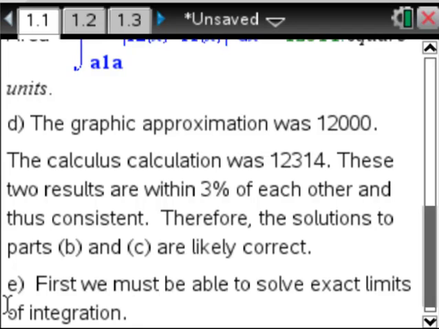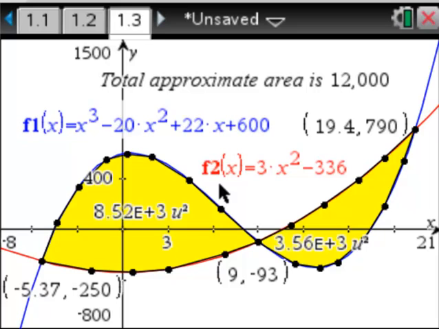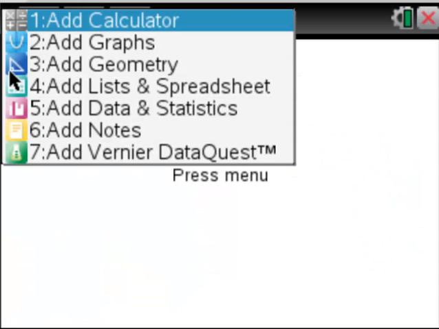Let's actually go and try this on another page here and see if we can get something going. Now for exact work, you don't want to be on a graphics application. You want to be on a calculator application. So let's get a page 4 up and running here with a calculator application. And those limits of integration come as a result of solving f1 of x equal to f2 of x.